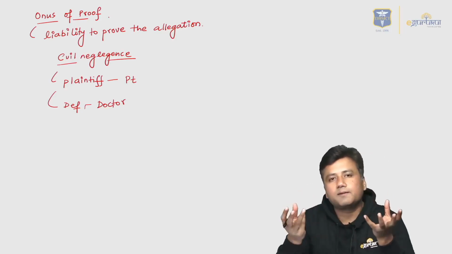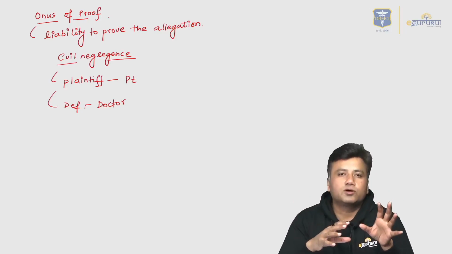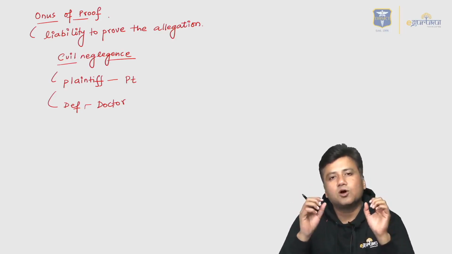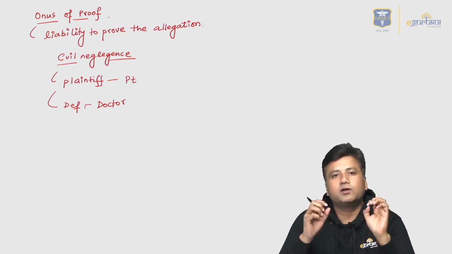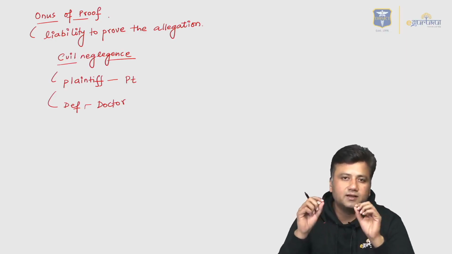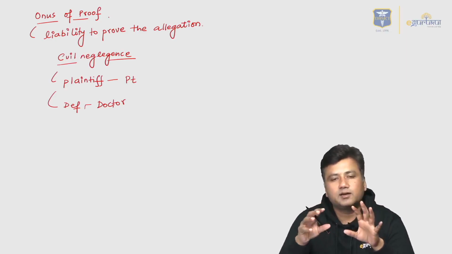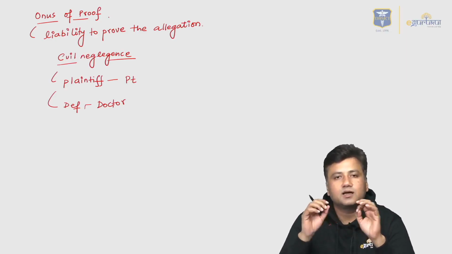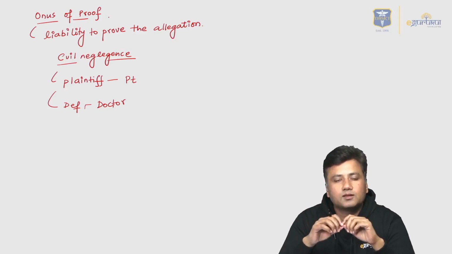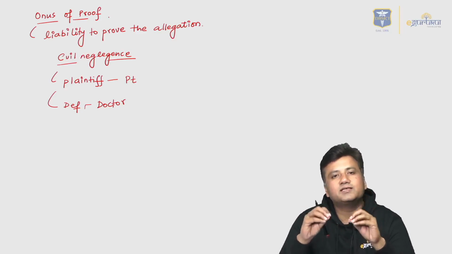Now, when a patient has come to the court of law seeking compensation for his suffering because he alleges that the doctor from whom he was getting treatment has been negligent in his approach, then the patient only has to prove the negligence of the doctor.